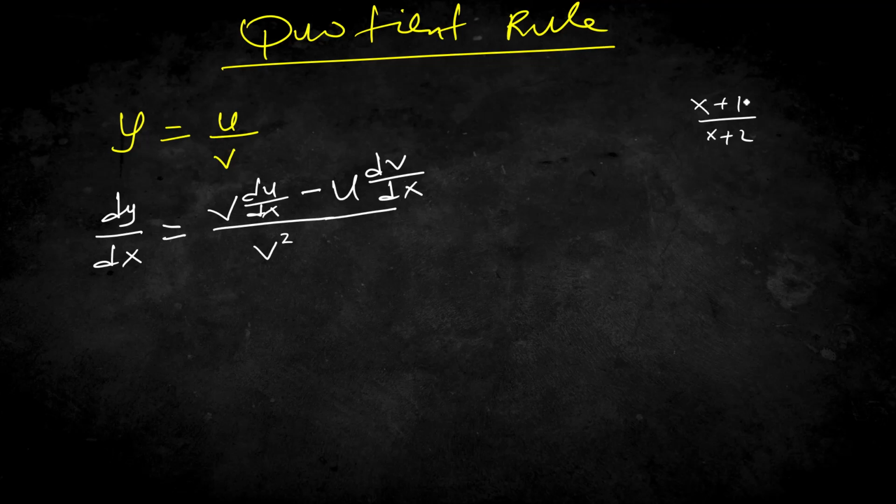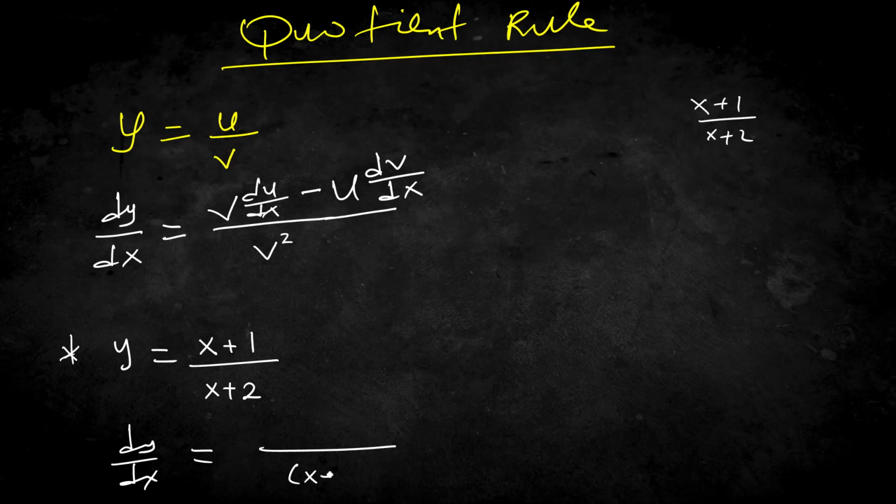Now, when we're given x plus 1 on x plus 2, let's take this one out. So let y represent that, x plus 1 on x plus 2. So this is v, this is u. You first have to square the bottom, the denominator. When you square it, you bring it here, and differentiate the top one, 1, minus.